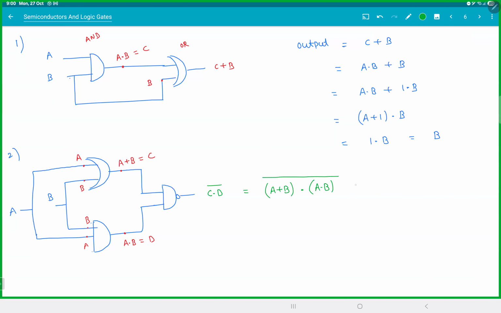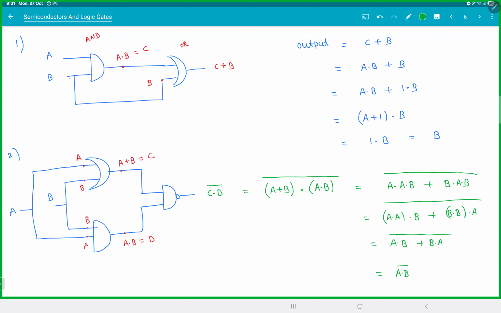So let's expand it inside only. This will become A dot B plus B dot A dot B bar. This can be written as A dot A dot B plus B dot B dot A. We know A dot A is A, B dot B is B. A dot B plus A dot B, don't say 2 times, it is A dot B only.